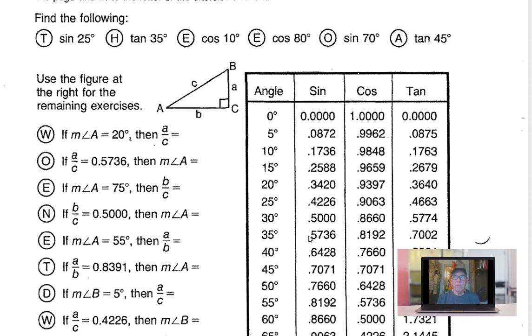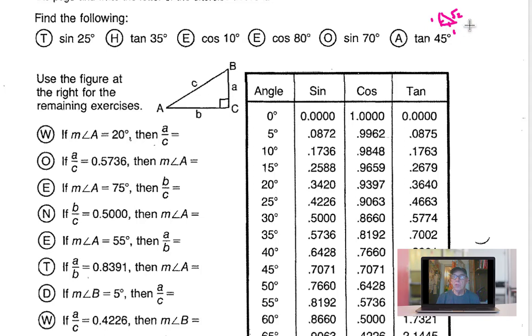And we have tangent 45. This is actually one of our special angles. Remember, in a 45-45-90 triangle, we've got isosceles right. These are 45s. 1, 1, radical 2. Tangent is opposite over adjacent.